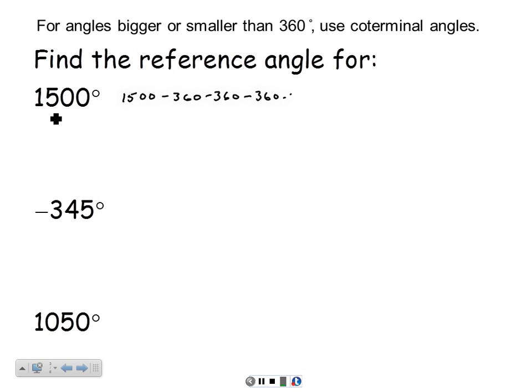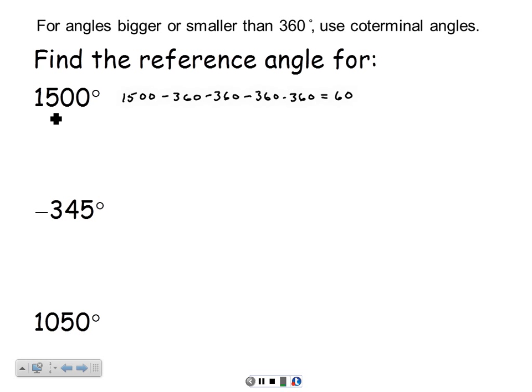So we keep subtracting 360 until we get an angle within 360 degrees that we know. So if we take 1500 and we minus 360 four times, that takes us to 60 degrees.